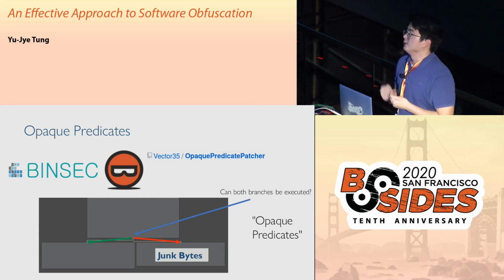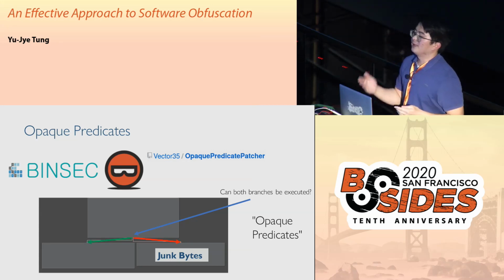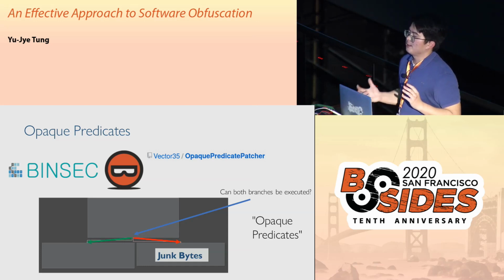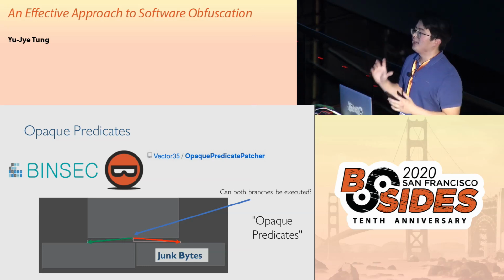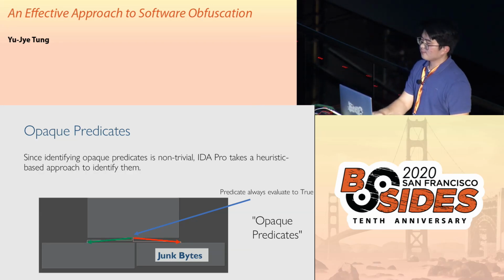And if they can determine that the answer is no, then they know that an opaque predicate exists. But the problem with that approach is that, depending on how the predicate is constructed, being able to answer that question is non-trivial.